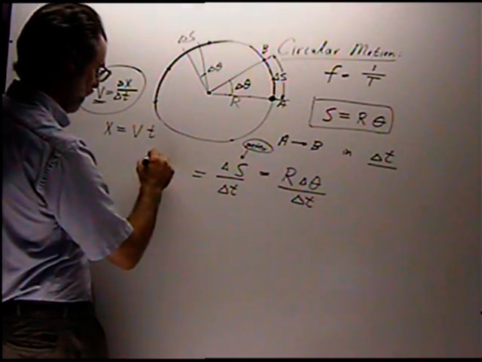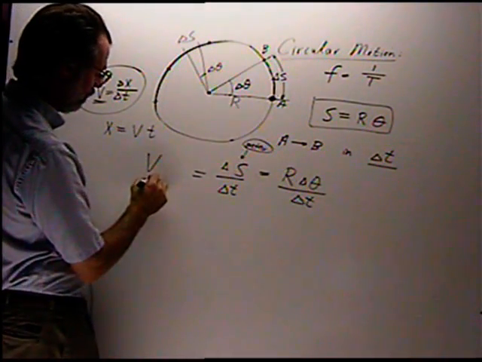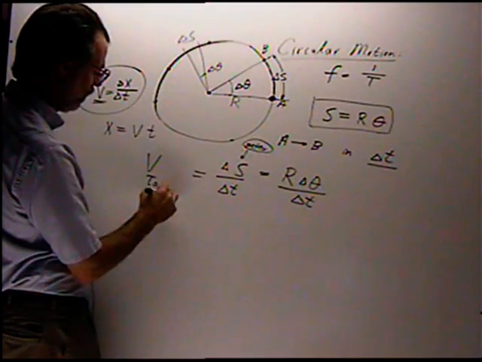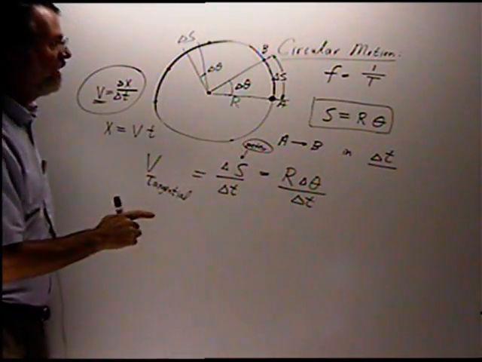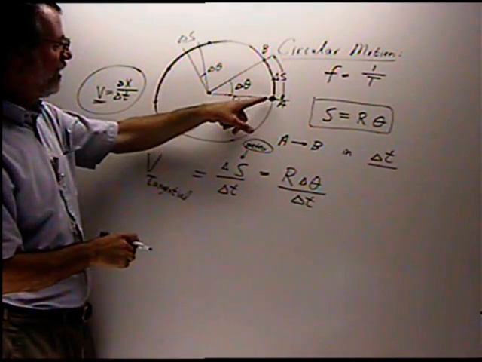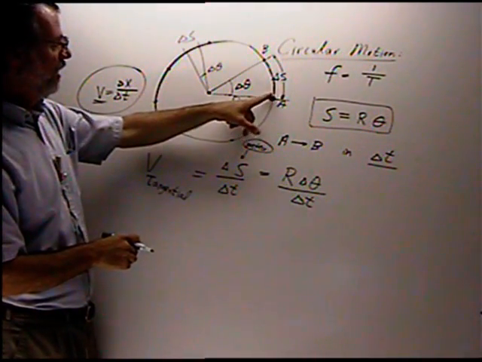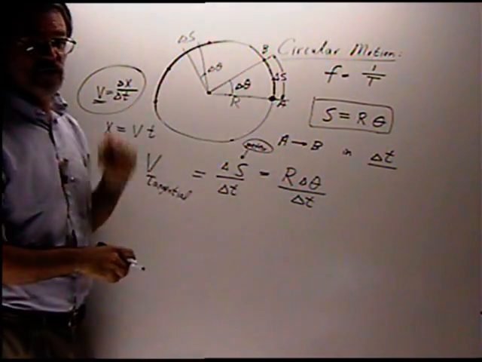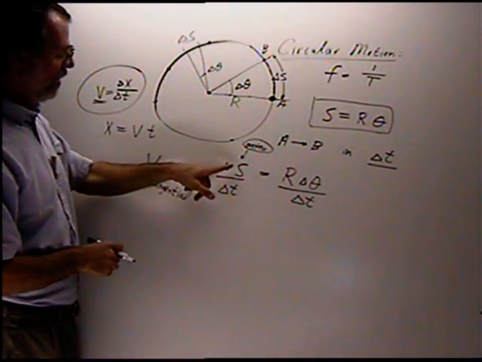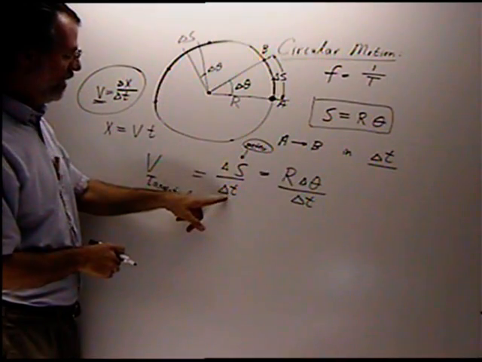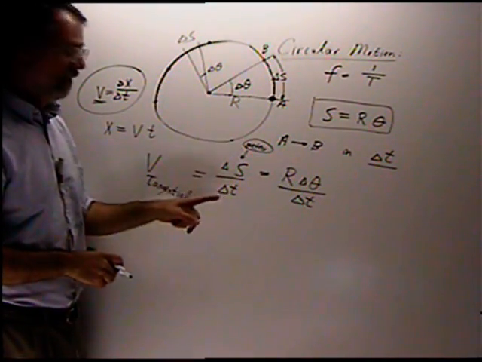We will give it a name, tangential velocity, meaning it's the actual velocity of the rock as it flies at the end of the string. That's really how fast it's going. If it travels 1 meter in 1 second, that's a velocity of 1 meter per second.